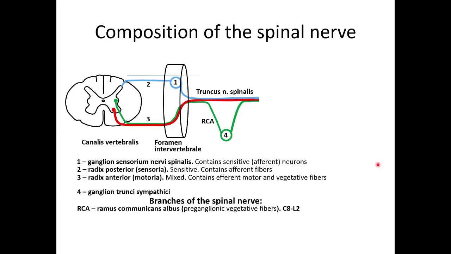And then, after it, we can find so-named ramus communicans griseus. It contains postganglionic vegetative fibers.